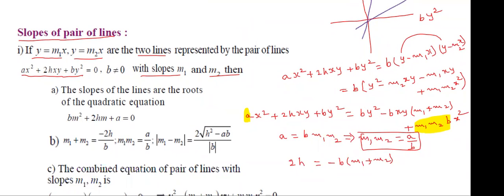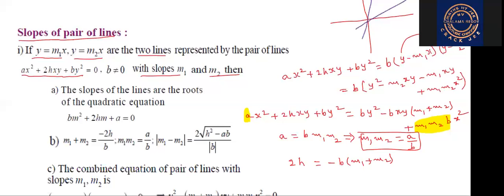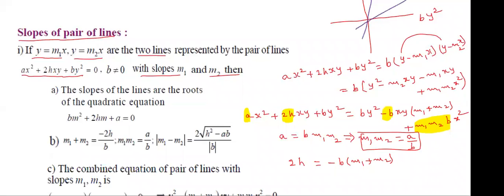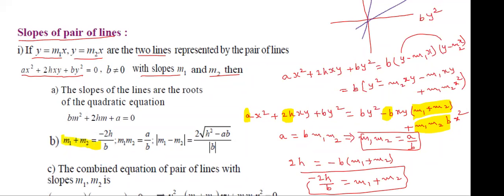So finally, minus 2h by b is equal to m1 plus m2. So the sum of the slopes is minus 2h by b, and the product of the slopes is a by b. So the proof is also done.